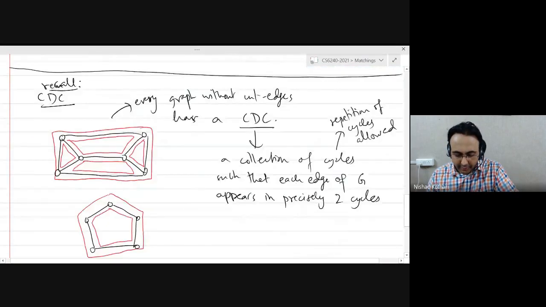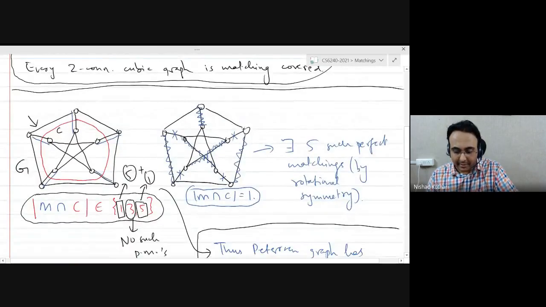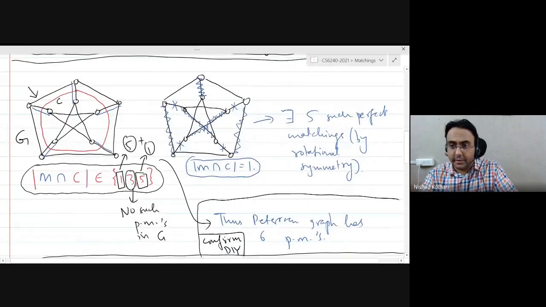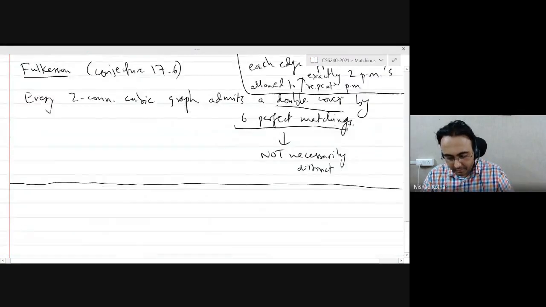And just to give you an example, let's go back to the Petersen graph. In the Petersen graph, hopefully I more or less convinced you that there are six perfect matchings. And you can check that every single edge appears in exactly two of these six perfect matchings. So the Petersen graph satisfies Fulkerson's conjecture, right?